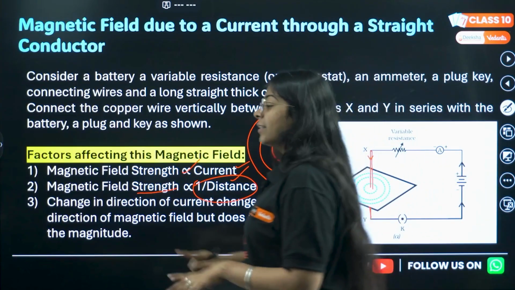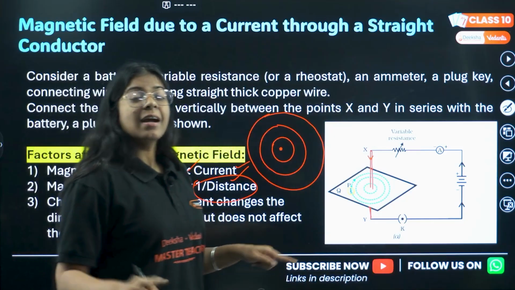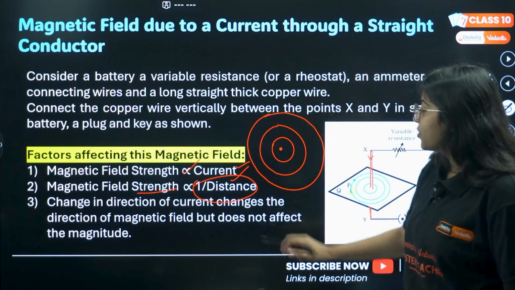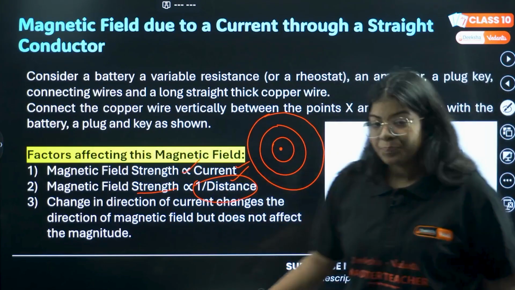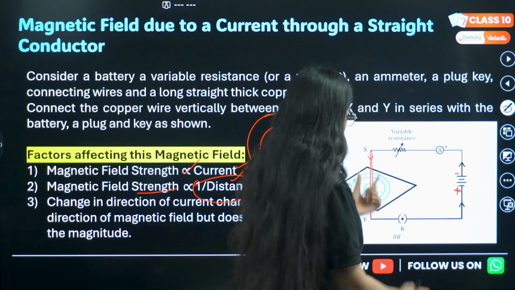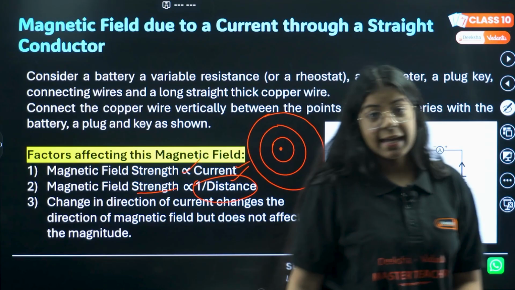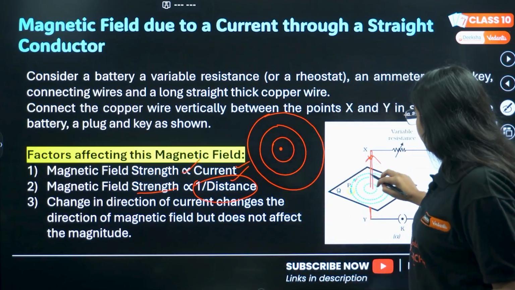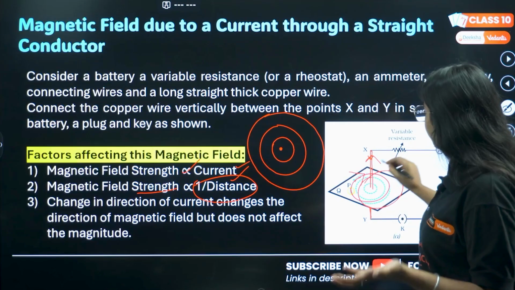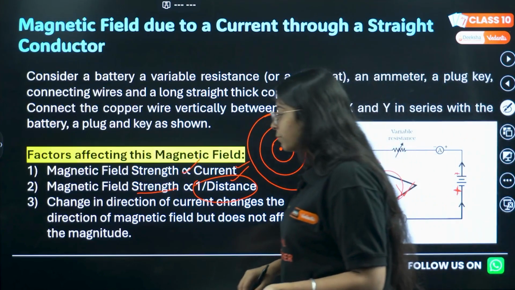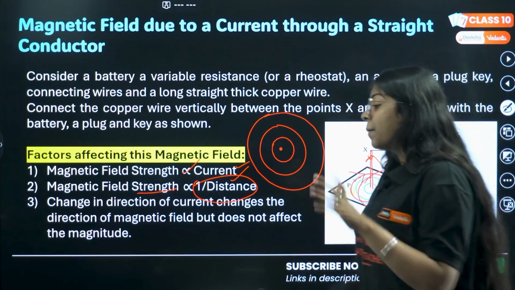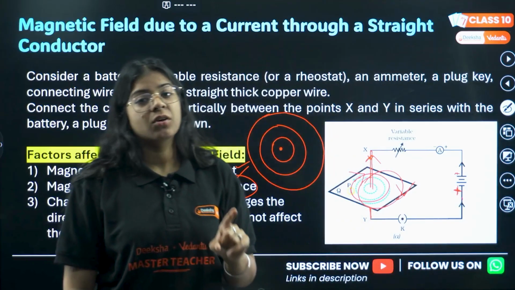Now we saw that when we change the direction of electric current, the direction of magnetic field lines also changes. That is the same here. If I reverse the terminals of this battery, plus and minus, the current will now flow downwards instead of upwards, and hence, for now the magnetic field lines are going in this direction, if the current flows downwards, they will reverse. So a change in direction of current changes the direction of the magnetic field, but it does not affect the strength of the magnetic field.